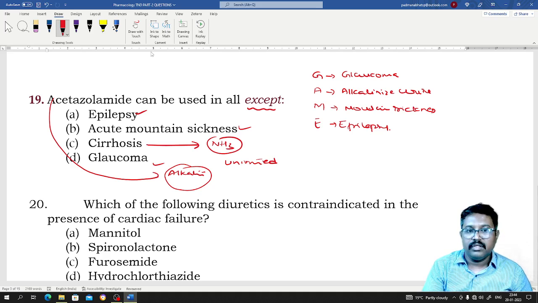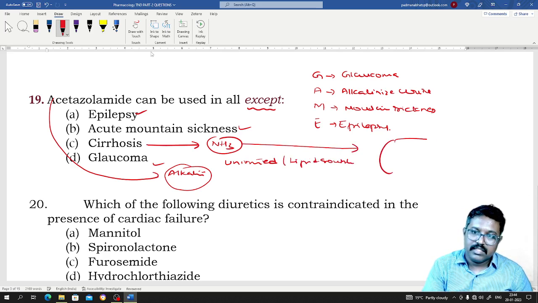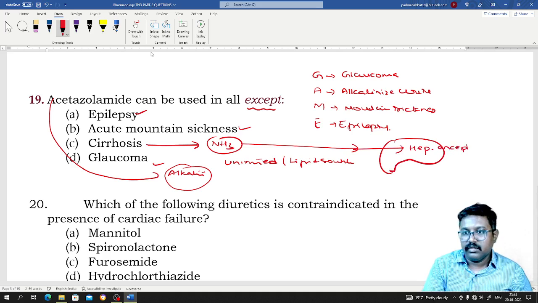So both are alkaline in nature, both have got basic pH, so they become unionized, means they are lipid soluble. So this can easily cross the blood-brain barrier, and it is going to cause hepatic encephalopathy. So that's why acetazolamide is not indicated here.